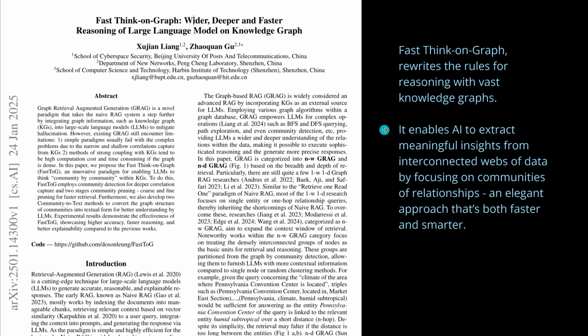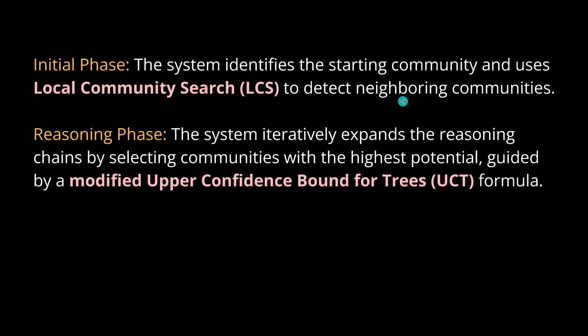It enables our AI to extract meaningful insights from the interconnected webs of data by focusing on communities of relationships. And this is such an elegant approach that's both faster and smarter than everything else we have done before. Two simple phases. At first, we have to start.